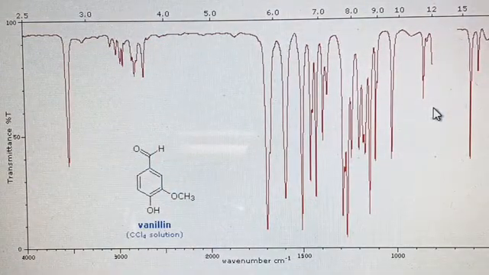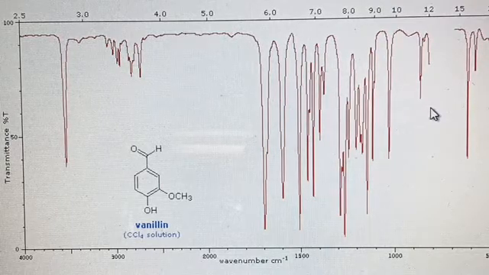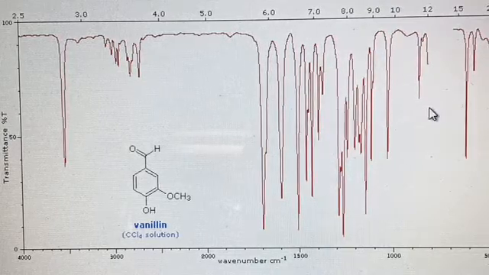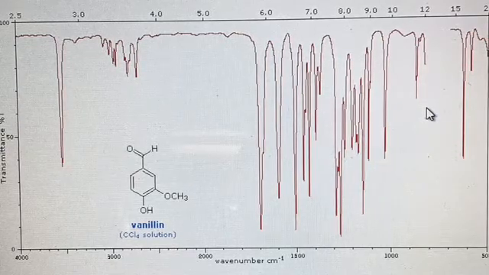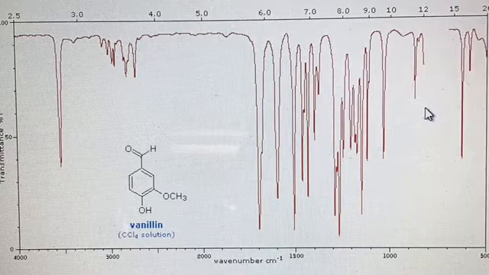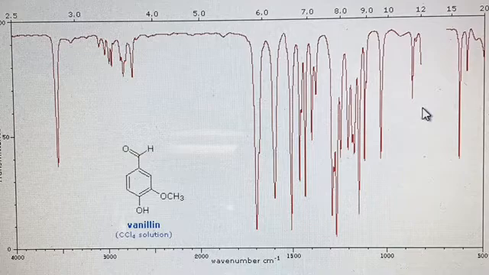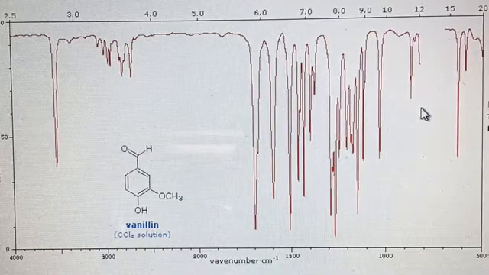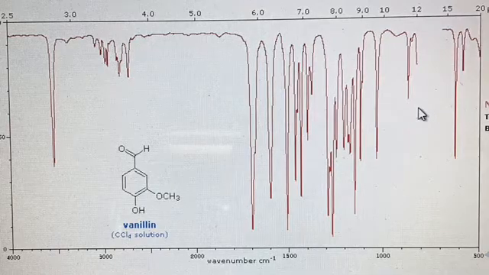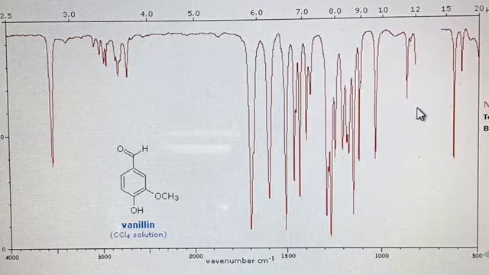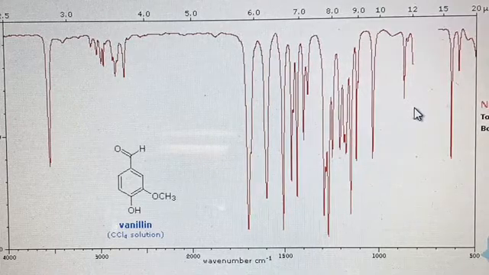Here is an electromagnetic infrared spectrum of the compound called vanillin. If you look at the left side, you will see that the vertical axis measures the percent transmission, that is the percentage of the light that is passed on through the material.